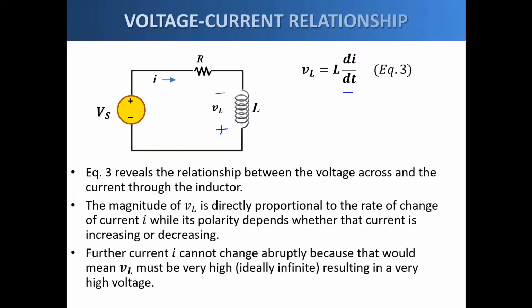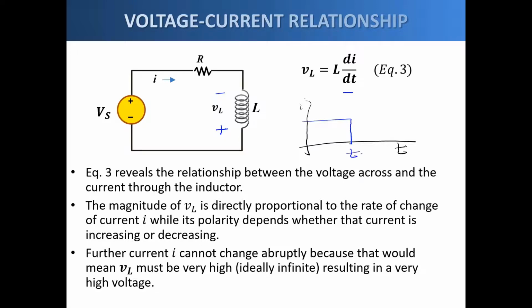What do we mean by this? So let's say we have a plot of the current through the inductor versus time, and let's say the plot looks like this.